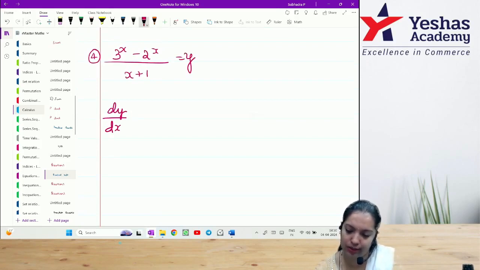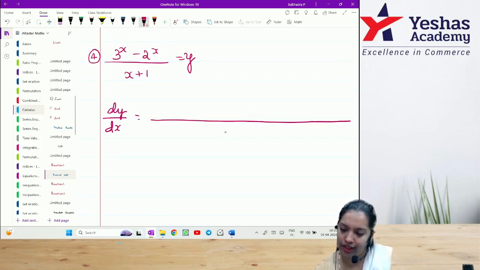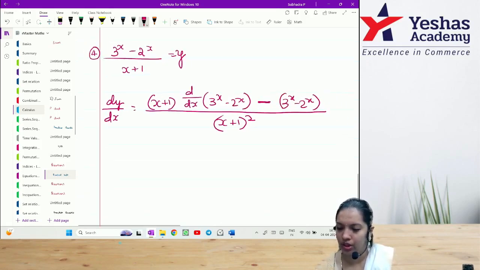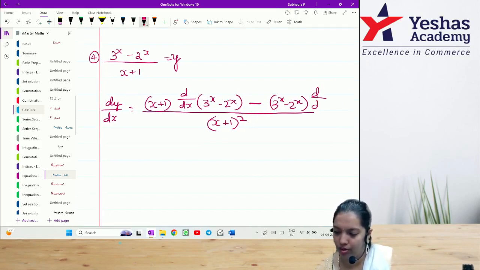If I assume this as y, it is denominator whole square. Denominator into derivative of numerator, minus numerator into derivative of denominator.